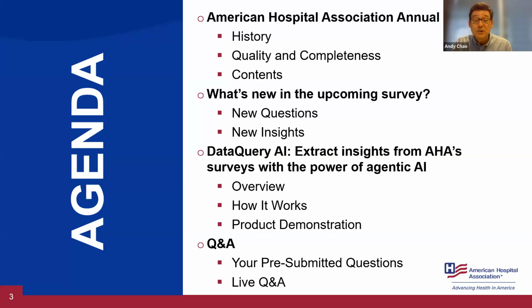We're excited to show you the new capabilities. And also, I find that it's a good way to illustrate how the annual survey data can be used. If all goes well, we should have about 10 minutes at the end for Q&A. As Caroline already mentioned, please feel free to submit questions along the way.